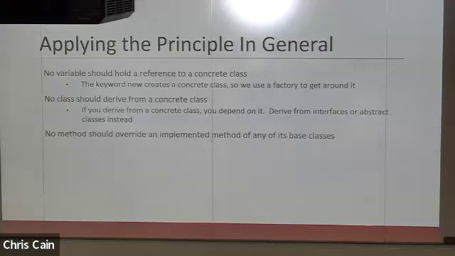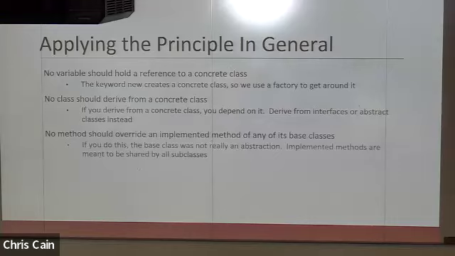You shouldn't be overriding any implemented method. We saw this back when we were talking about the strategy pattern, when we overrode the fly method into kind of a no fly. It's like we took this idea that was already implemented and we said, yeah, we're gonna override that to do nothing instead. So don't do that ever. If you do this, the base class wasn't an abstraction.